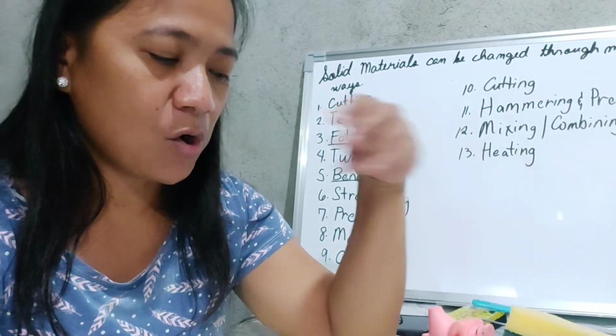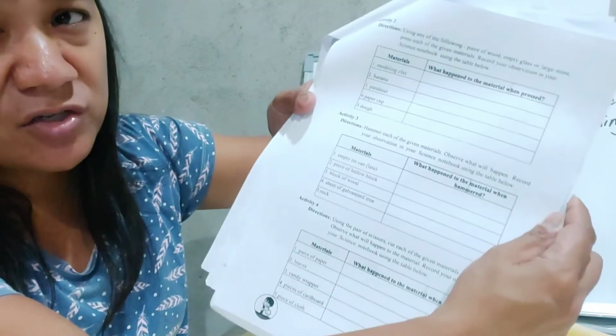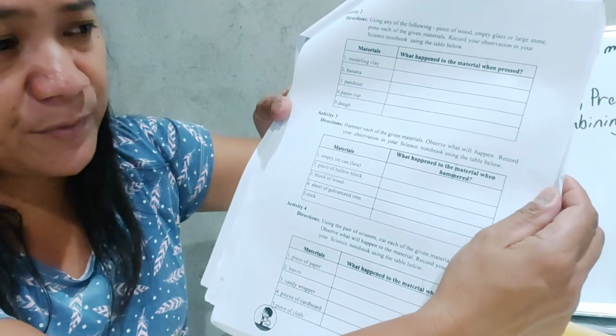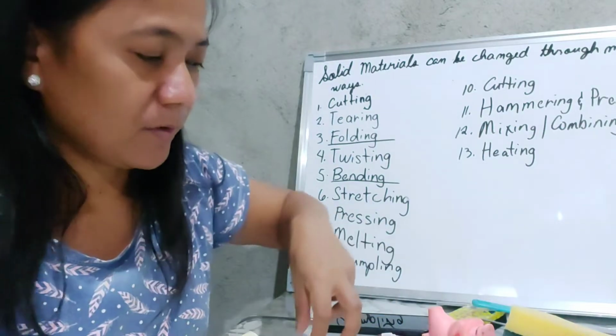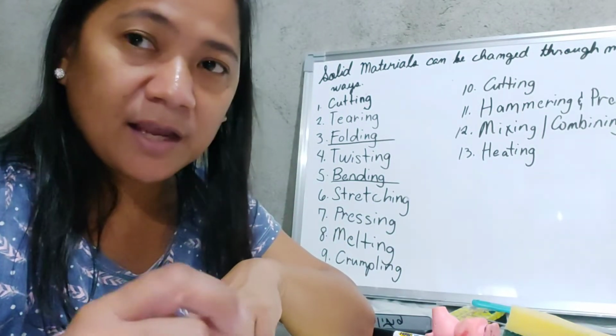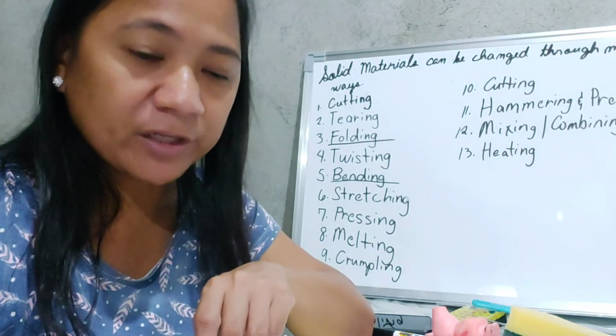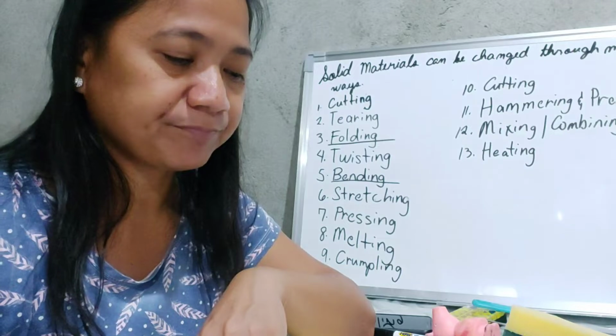And also, on activity 3, puro po sila mga experimentation, self-observation po sila. Kayo po ang bahalang sumagot dyan. All you have to do is to observe. And then, pagka na-observe niyo kung ano nangyari, just write down your observation.